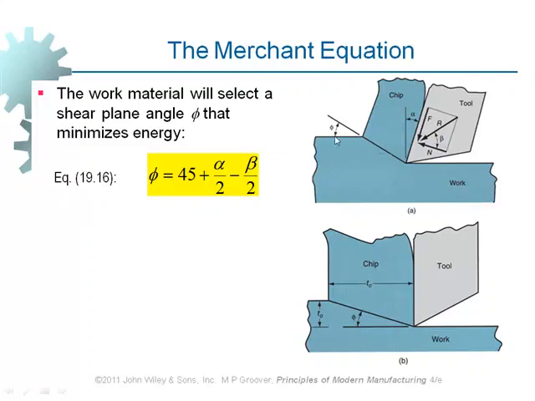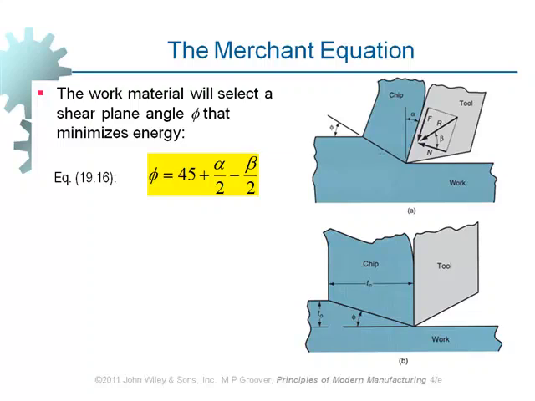This is phi, and alpha is the rake angle. So he has been able to introduce this equation relating all these parameters to one another, which is sometimes very useful in doing the problems and computing one of the parameters when we have got two other ones at hand. This equation is known as the Merchant equation. Okay?